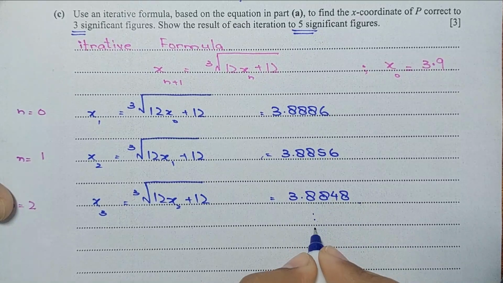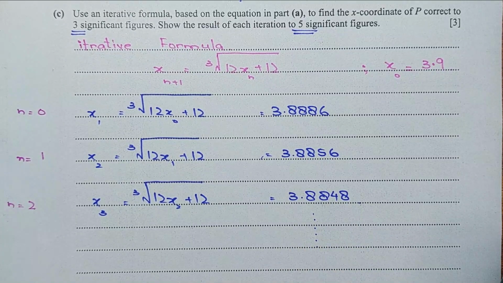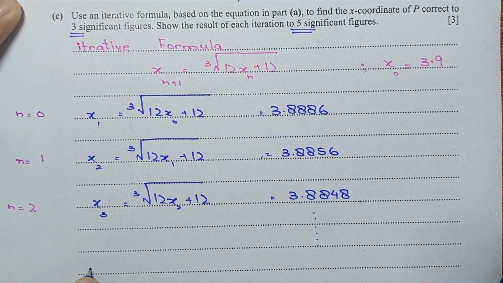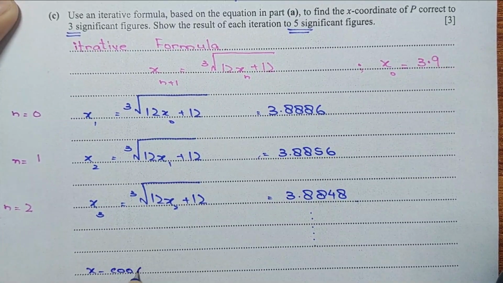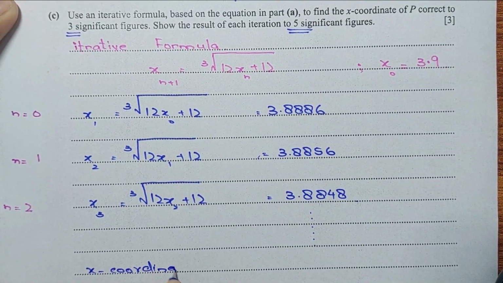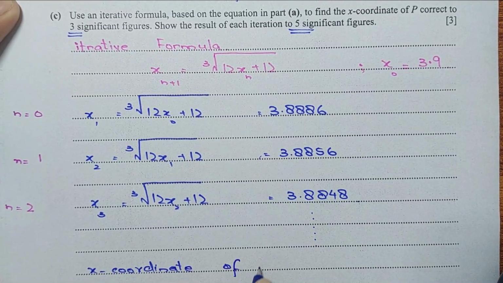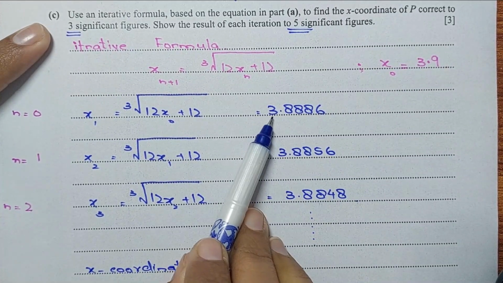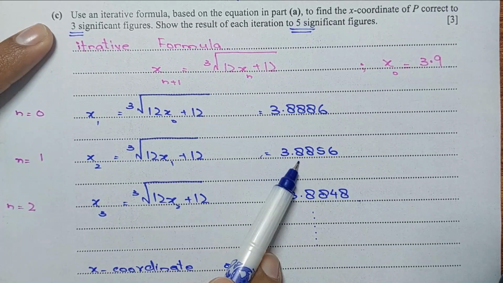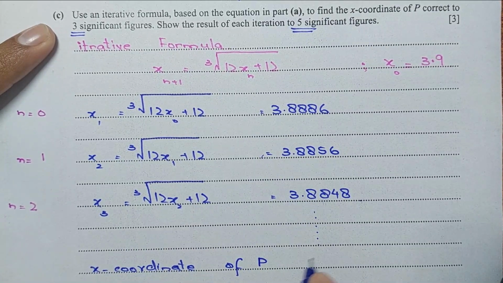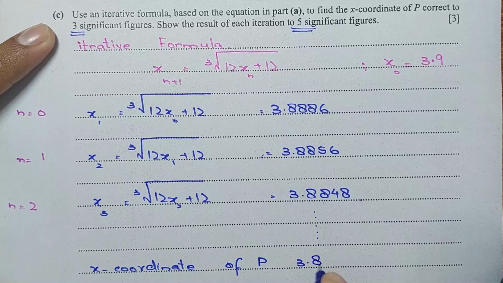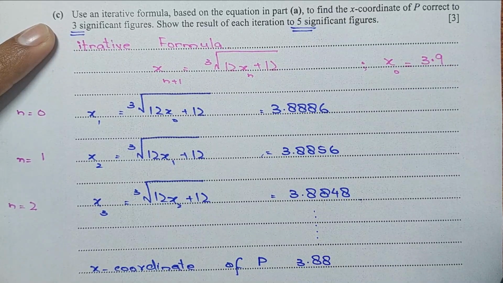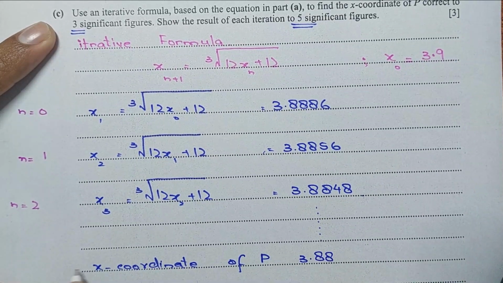As you can see, if we proceed further, the x coordinate of P up to 3 significant figures is 3.88. This would be the x coordinate of P, approximately, up to 3 significant figures.